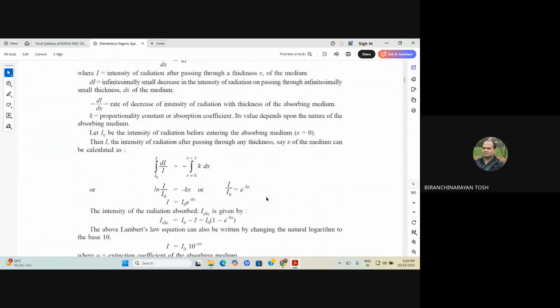So a is known as the extinction coefficient of the absorbing medium. When we are converting from natural logarithm to base 10, then this a, which is equal to k by 2.303, is known as the extinction coefficient. So this is Lambert's law.